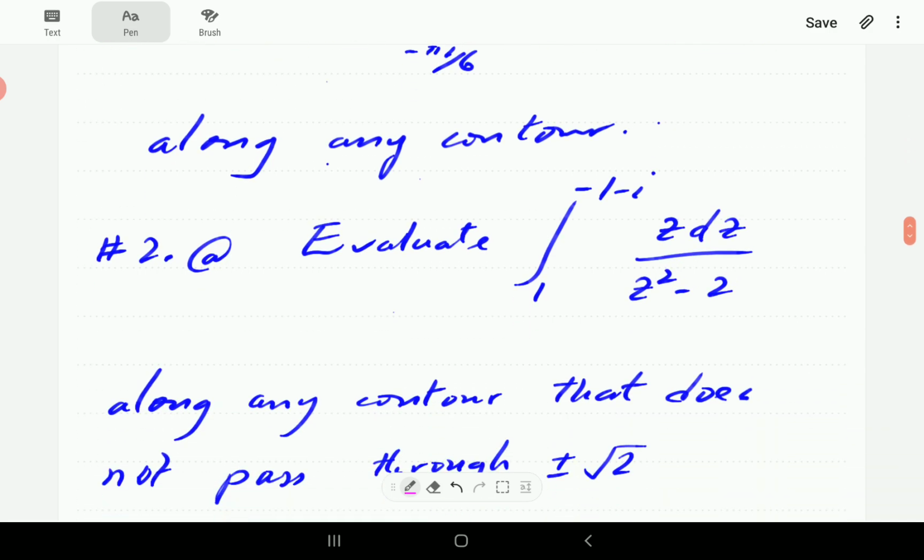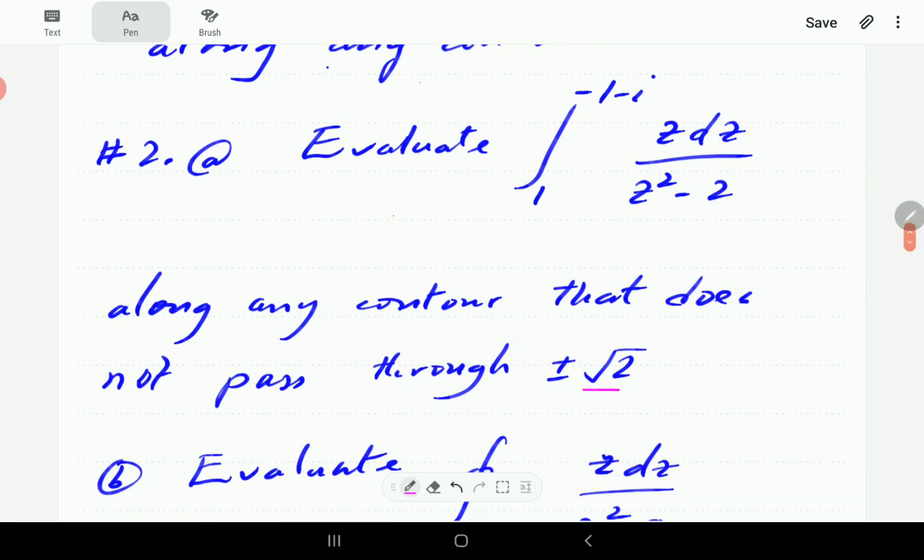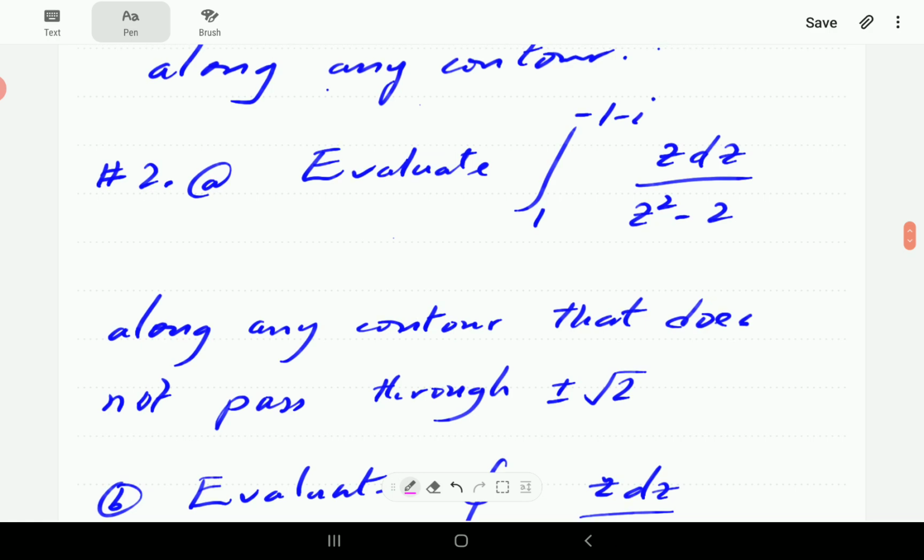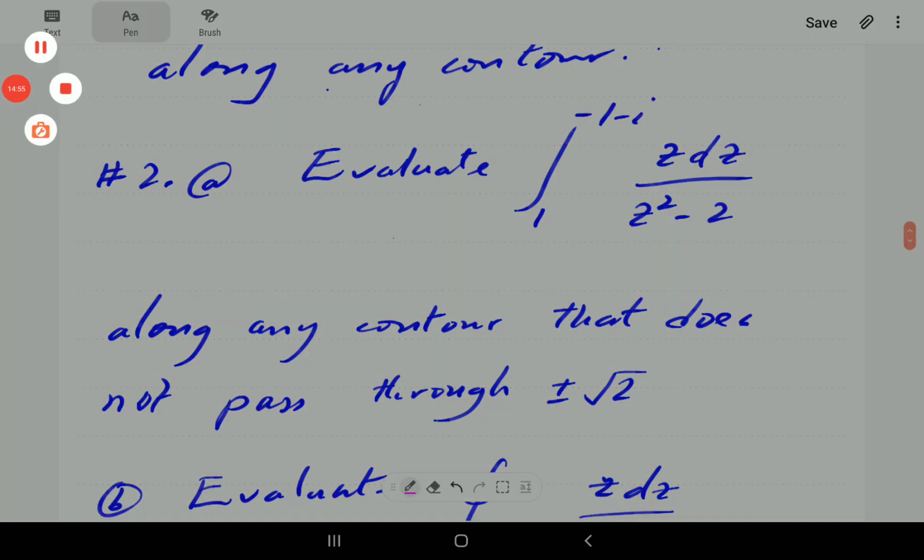Evaluate the integral of z dz over z squared minus 2 from 1 to negative 1 minus i along any contour that does not pass through plus or minus root 2. Okay, so again, maybe let's just cut and paste that.